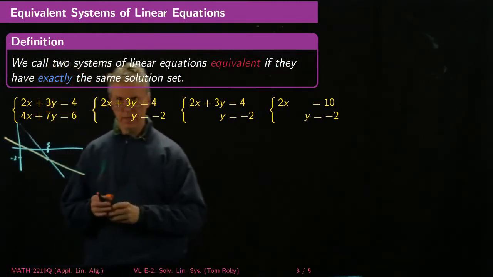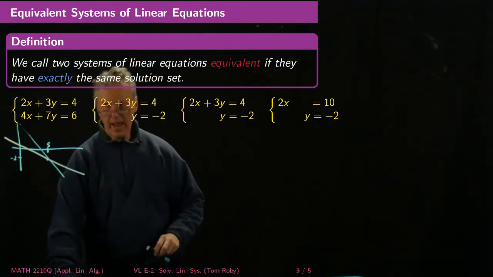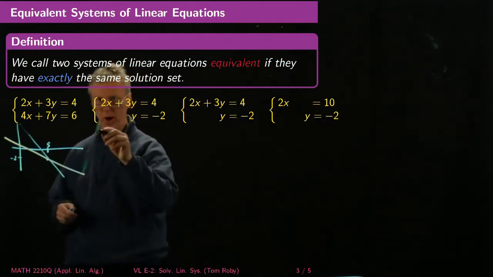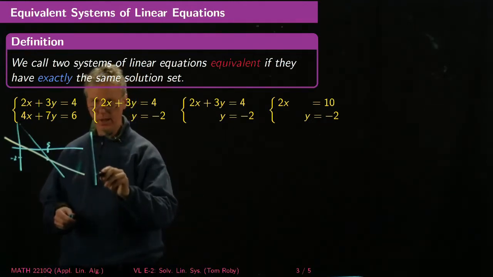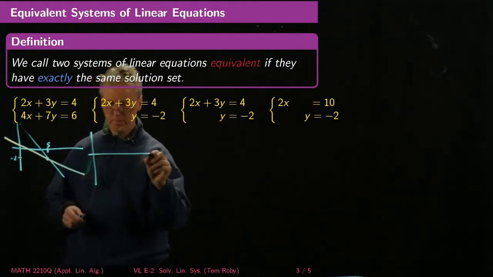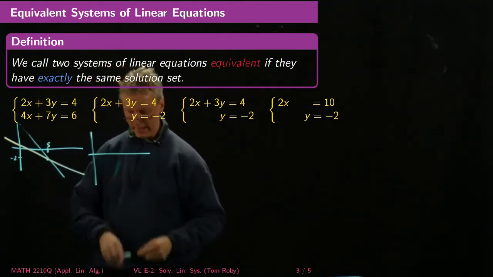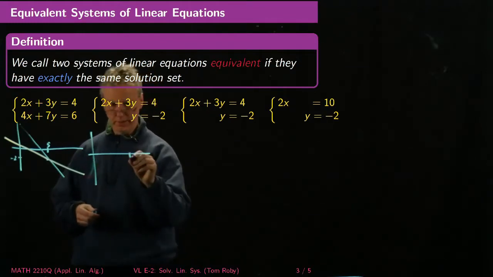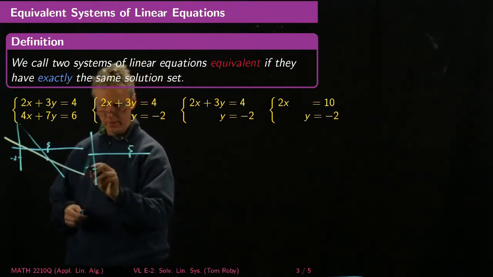Now, at that next step where I replaced my system with a different system, my solution is still 5, -2.